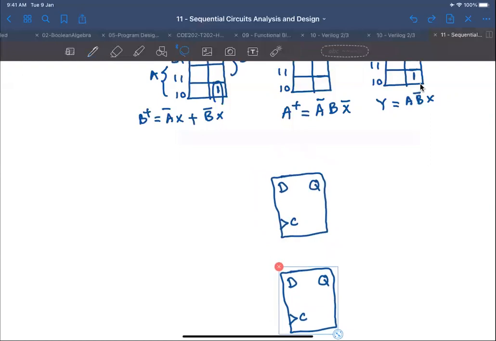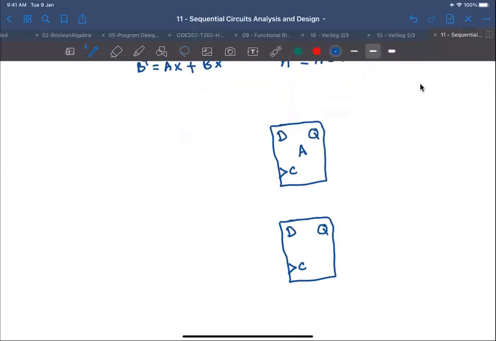This is my flip-flop A and this is my flip-flop B. So the output here is A and here it is A complement. Remember that the flip-flop outputs are Q and Q complement. And this is my B.